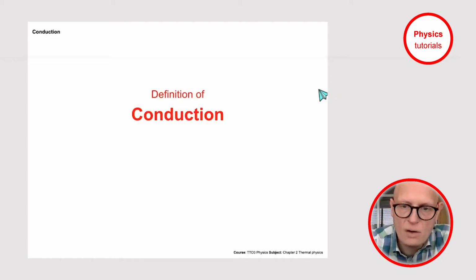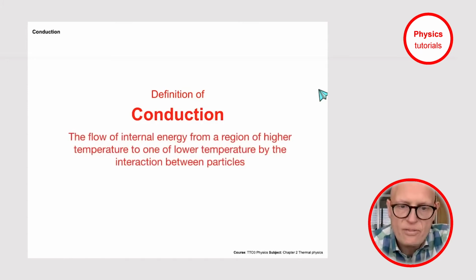The definition of conduction is the flow of internal energy from a region of higher temperature to one of a lower temperature by the interaction between particles. So one particle is passing on the heat energy to another particle.